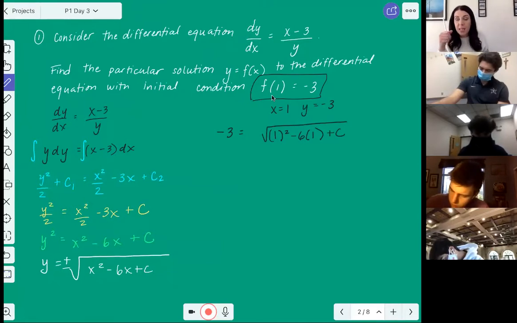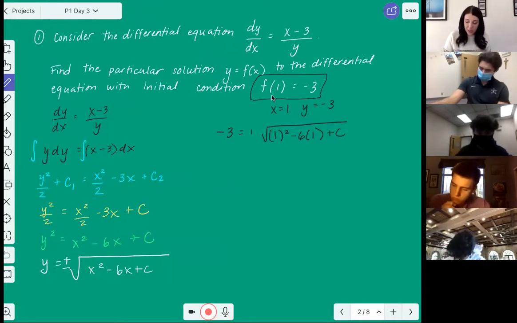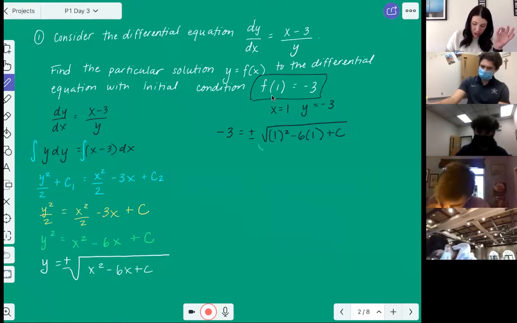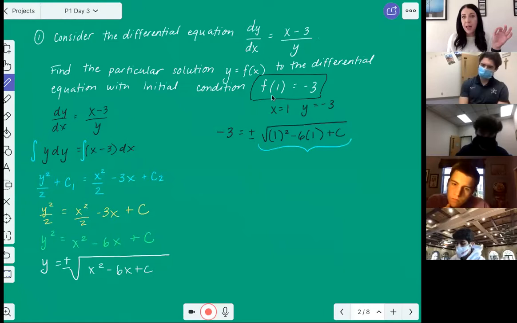Now remember, I said we are not going to have both the plus and the minus, right? Right now we still have a plus or a minus as a possibility, but our initial condition tells us which one it has to be. So a square root all by itself, this portion is only going to produce a positive answer.